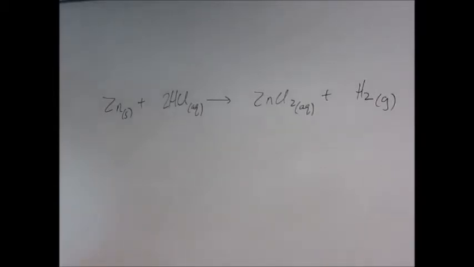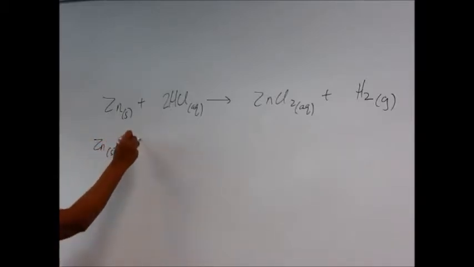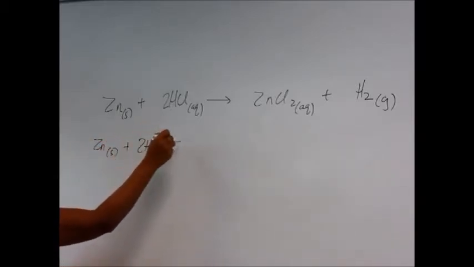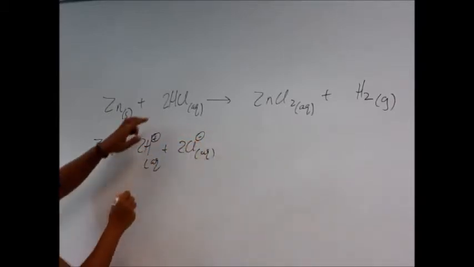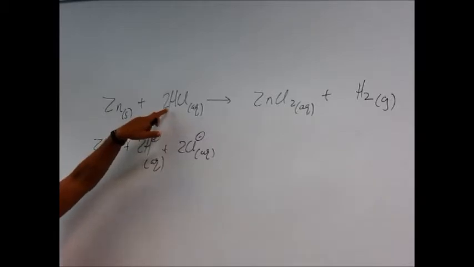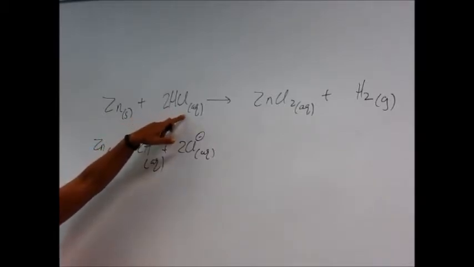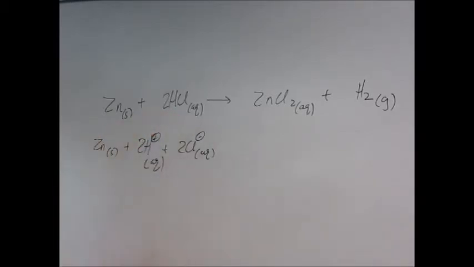So go ahead, take about 30 seconds, again, not too long, and tell me what is getting oxidized and what's getting reduced. If you want, you can write an ionic equation first. Okay, let me help you with the ionic equation. Zinc, solid, plus 2H plus 2Cl minus. Don't forget, okay, that the 2 belongs to both hydrogen and to the Cl, okay, to both of these things.